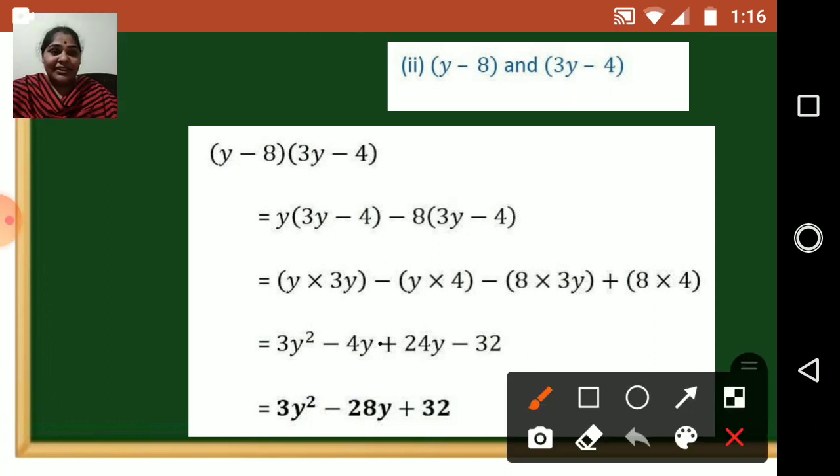Here it is negative 24 because it is 8 3s are 24 and negative 8. So negative 24y, and negative becomes plus, so plus 32. These two symbols you have to make a correction, children. So the final answer will be 3y square minus 28y plus 32.